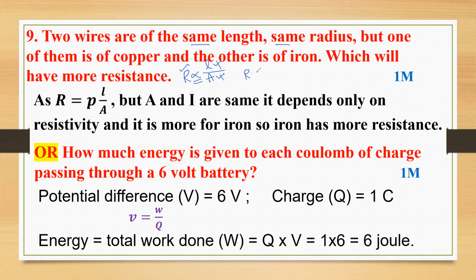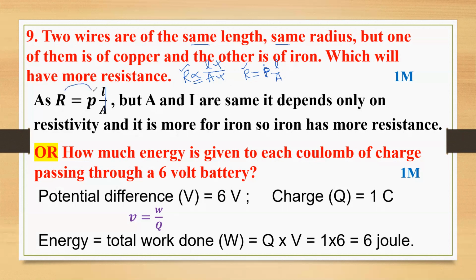To remove the proportionality, we keep a proportionality constant that is called rho. That rho is the deciding factor of the resistance in this case, not every time. Sometimes it will depend on the situation given, you have to think. So these two we are not considering.